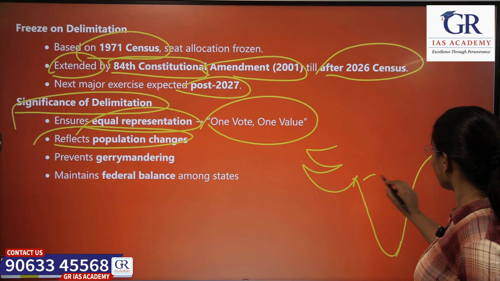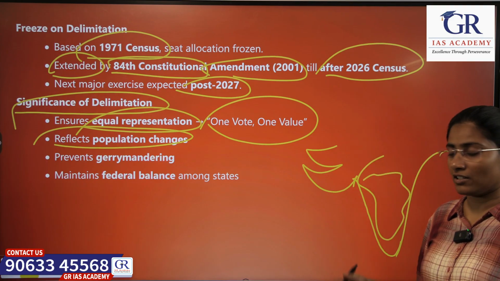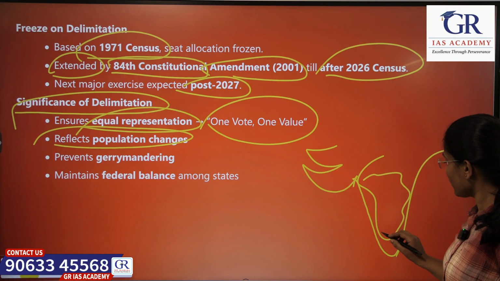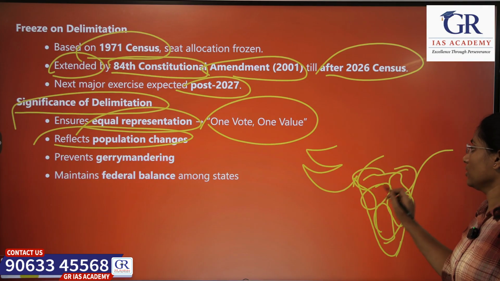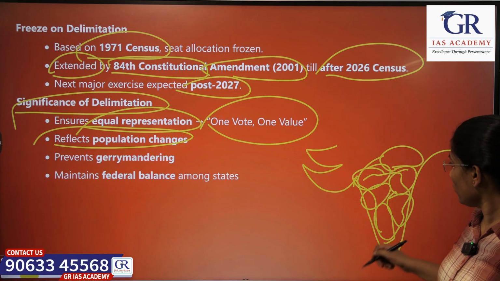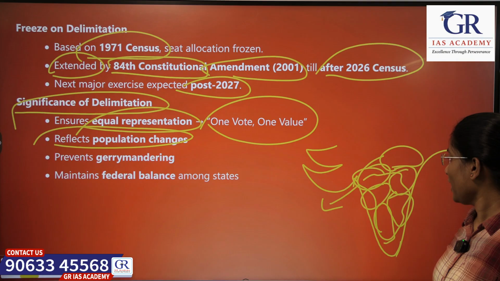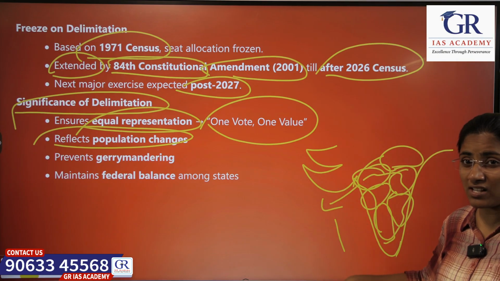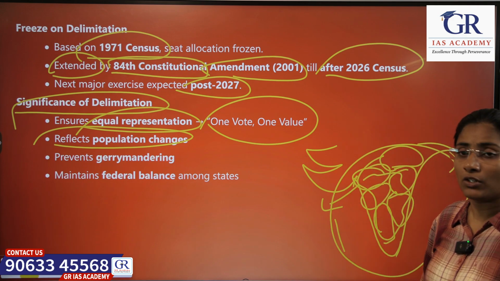So if delimitation is done after the census is revised, what happens? Population here is less, so fewer seats for assemblies and Parliament. So the census will reflect the change in the population, and if delimitation is done based on the new census, southern states will be at a disadvantage.